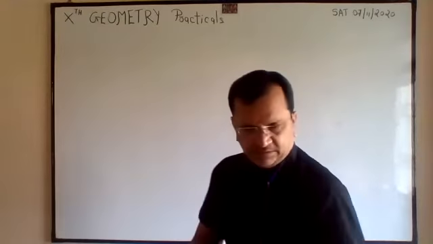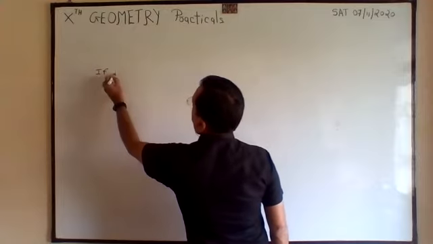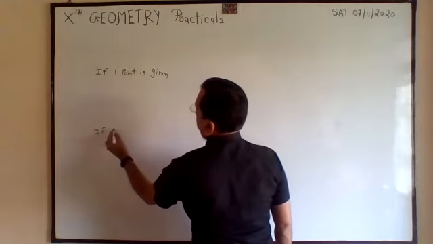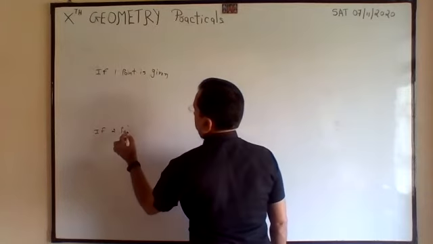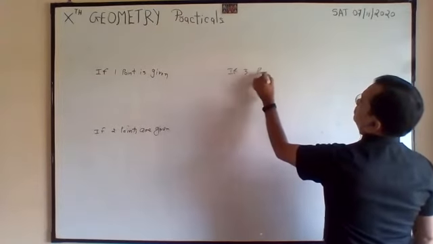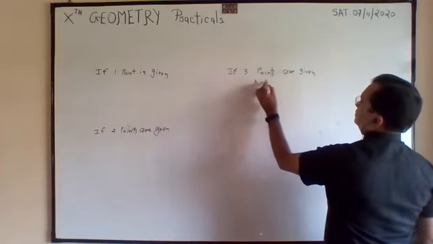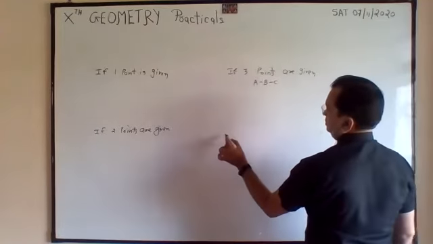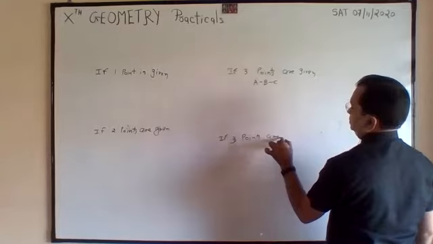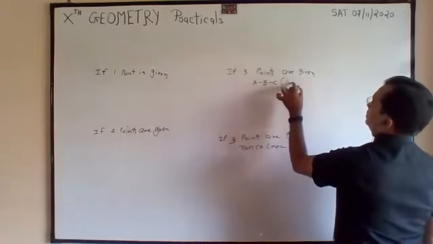Part number one: if one point is given, if two points are given, if three points are given, like A dash B dash C, means collinear, and if three non-collinear points are given.